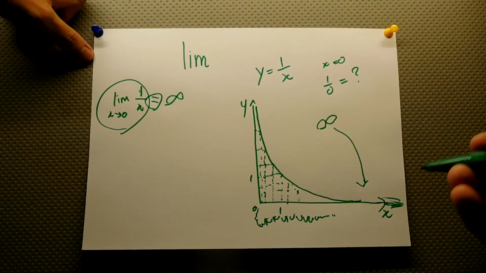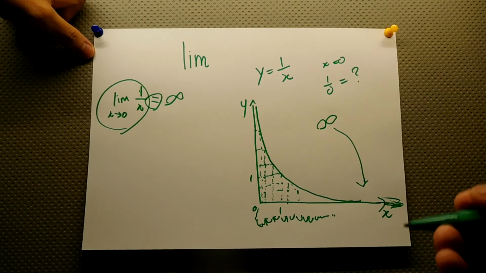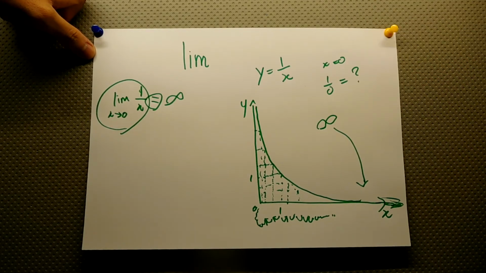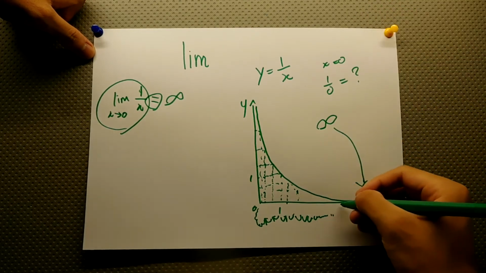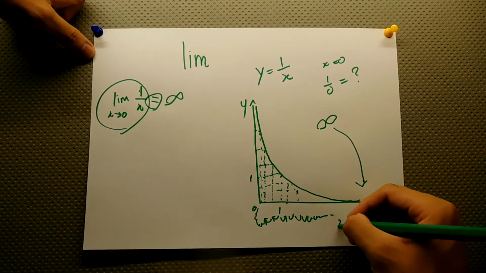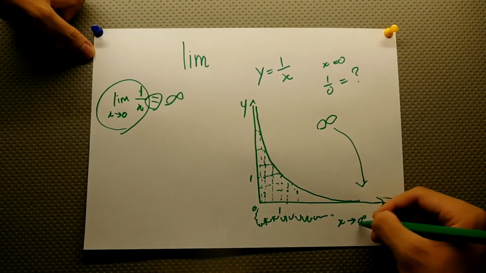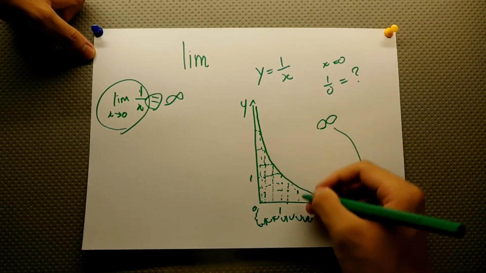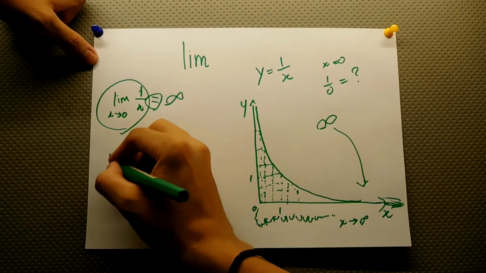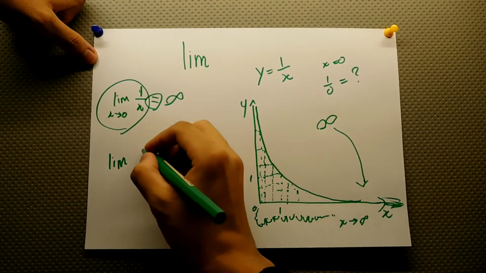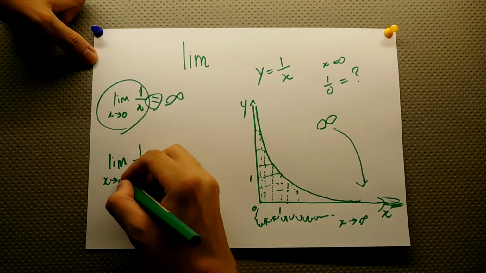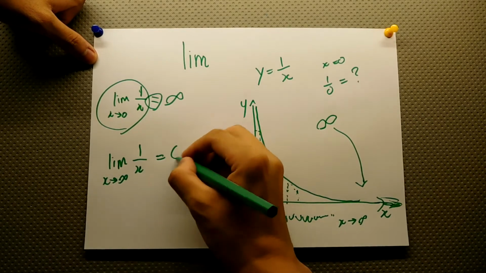We physically don't know where it is. With each iteration, as x approaches infinity, the y value should approach 0. Therefore, the limit of 1 over x as x tends to infinity is equal to 0.